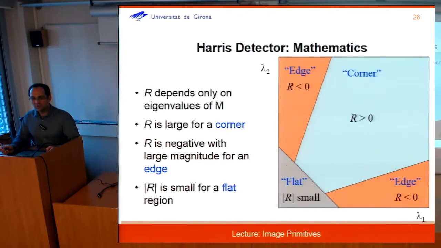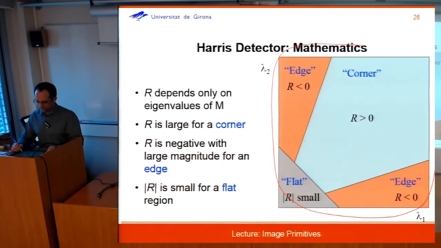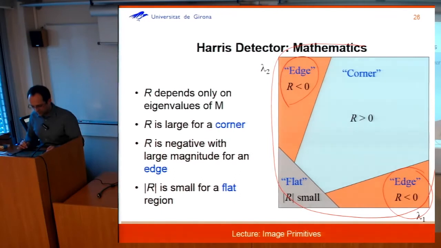Okay, so let's look at the same thing we were doing with the eigenvalues, but now looking at R. This is the same picture. What this is saying is you can also know if I'm in a corner or not just by looking at the values of R. Essentially, if I'm in an edge, R is smaller, and R is bigger if I'm in a corner.